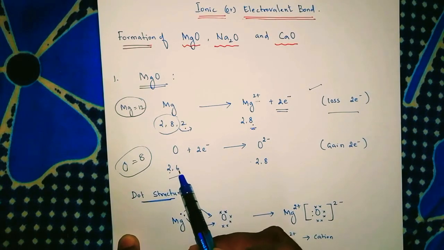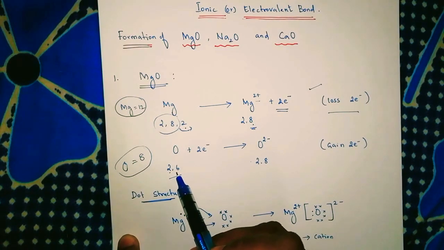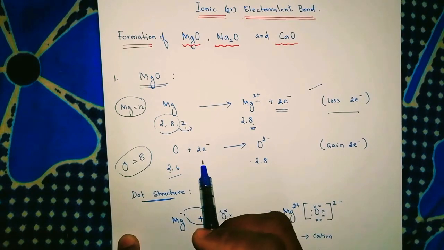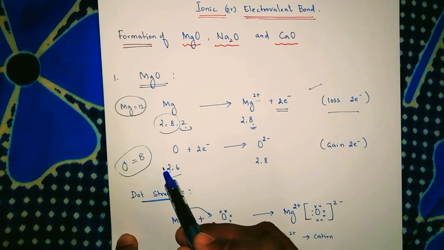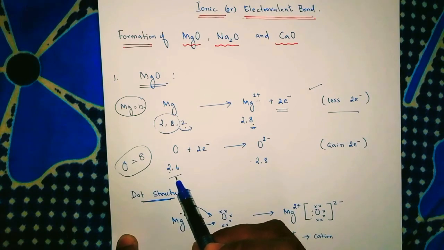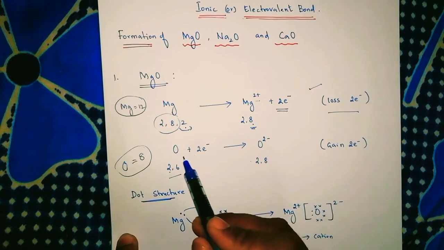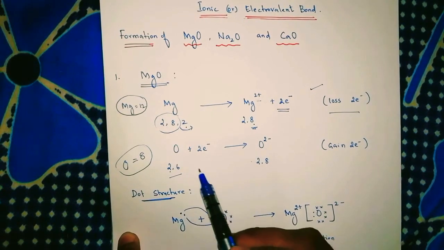After gaining 2 electrons, it becomes 2, 8, so it has attained the octet configuration. The other option is that oxygen loses all 6 electrons, so only the 2 electrons remain in the first shell, which is also an octet configuration. So which is easier, losing 6 electrons or gaining 2 electrons? Yes, gaining 2 electrons.